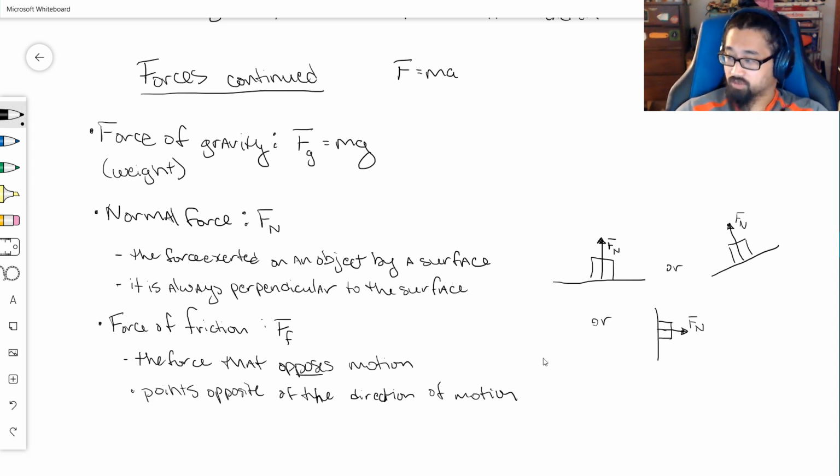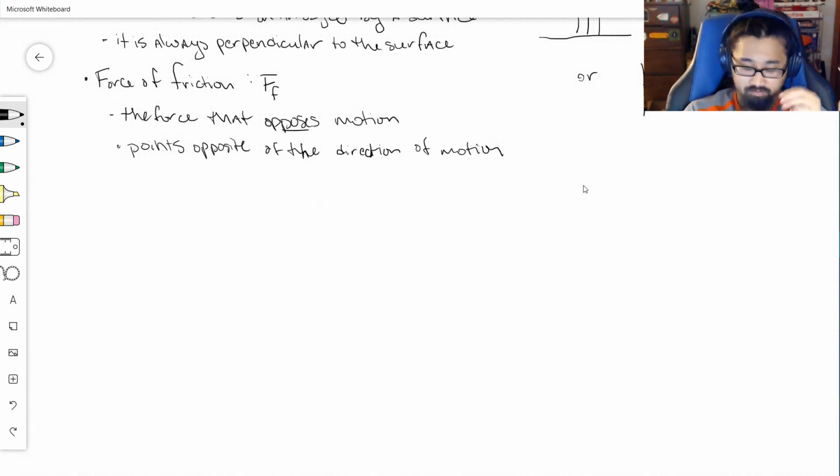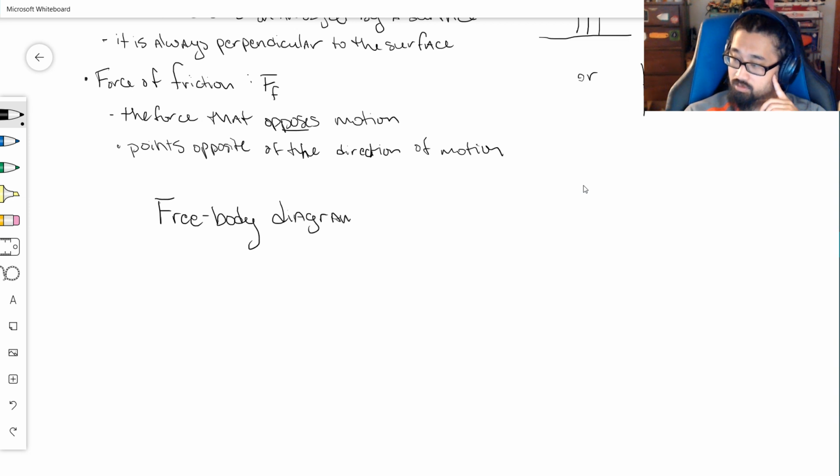Now with these forces, the force of gravity, the normal force, the force of friction, we like to create what we call free body diagrams. A free body diagram shows all forces acting on an object.